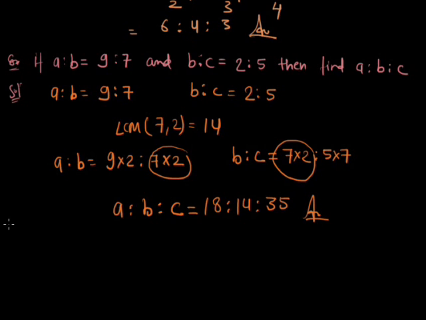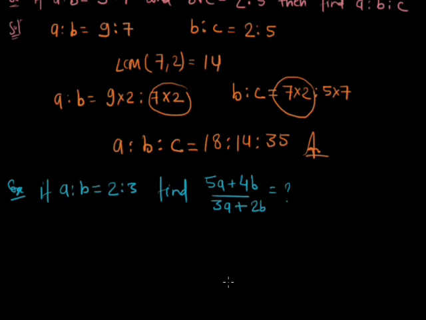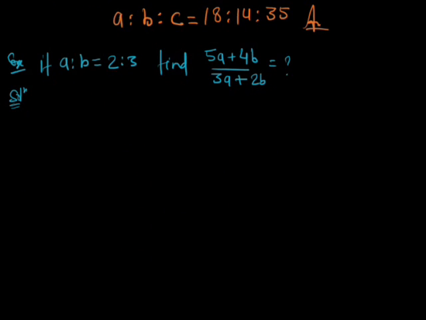Okay, let's do another question. If A is to B is equal to 2 is to 3, then find 5A plus 4B upon 3A plus 2B. We have to calculate the value of 5A plus 4B upon 3A plus 2B. Let's do this. How can we calculate it?